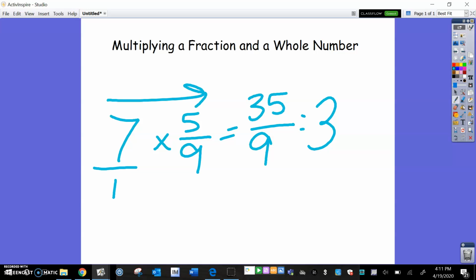I now have to think 35 minus 27, which is 8 over 9. That's another way that we can find our mixed number: skip counting. So now we have 2 ways to get our mixed number. We can subtract out, or we can skip count.